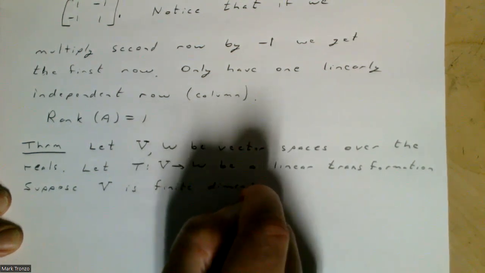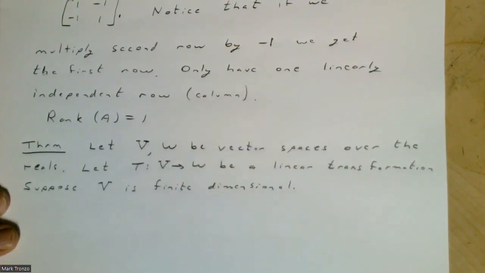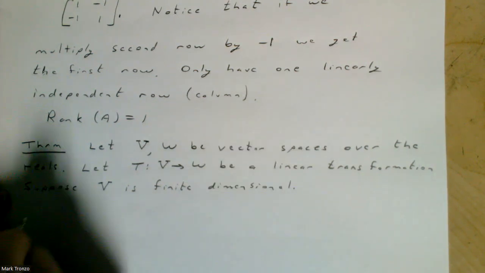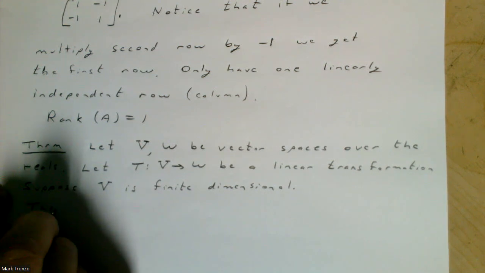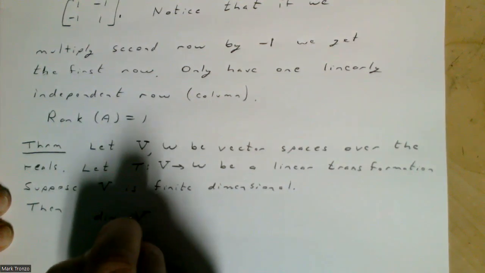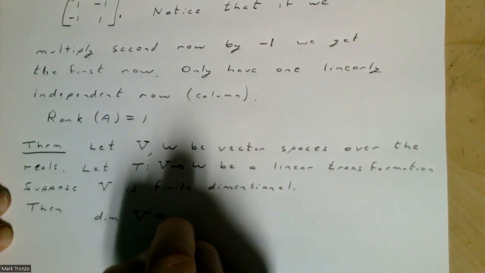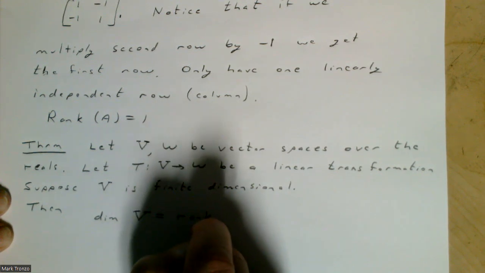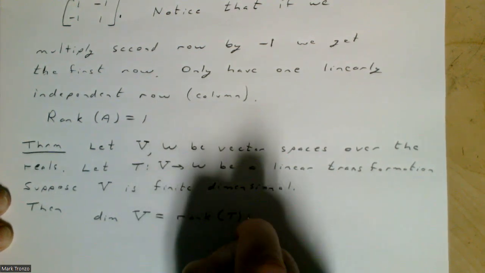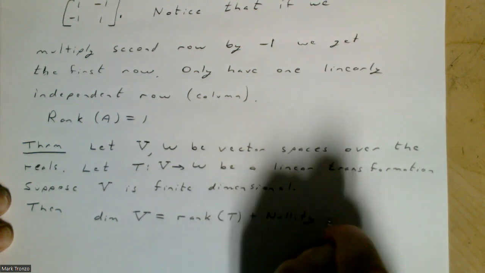And I just have to say that because this next thing wouldn't make sense if it was not. Then the dimension of V is going to be equal to the rank of T plus the nullity of T.